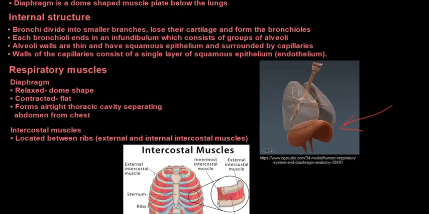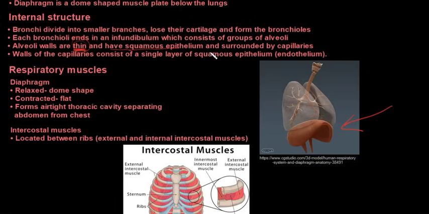Then the internal structure of the lungs, we've done this before. You've got the bronchi that divide into smaller branches. They lose their cartilage and they form bronchioles. And then each bronchiole ends in an infundibulum, which consists of a group of alveoli. These alveoli walls are thin and they have squamous epithelium. So this we have not done. Once again, remember, one of the requirements for gaseous exchange is that it has to have a thin area over which gaseous exchange should take place.